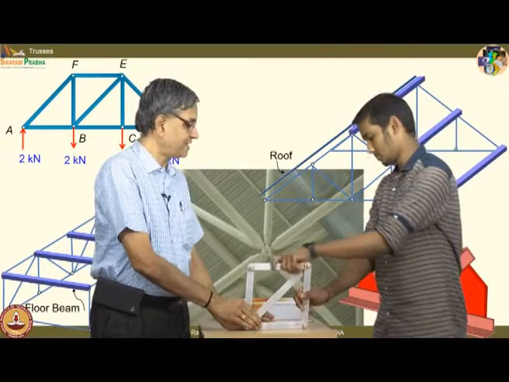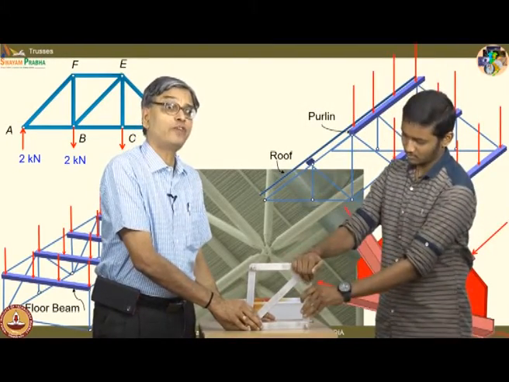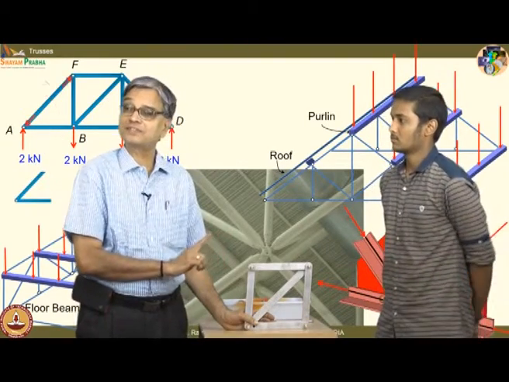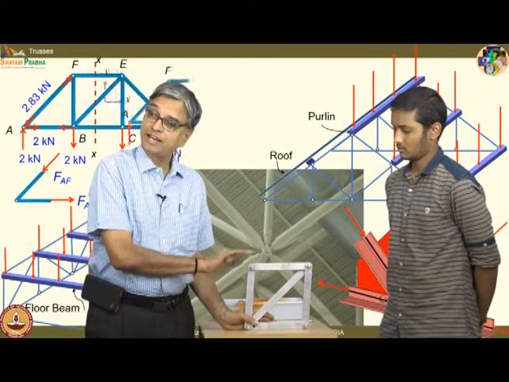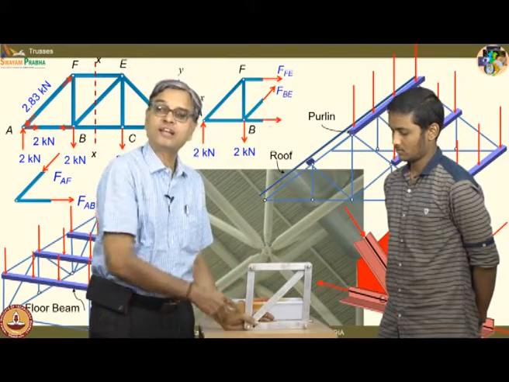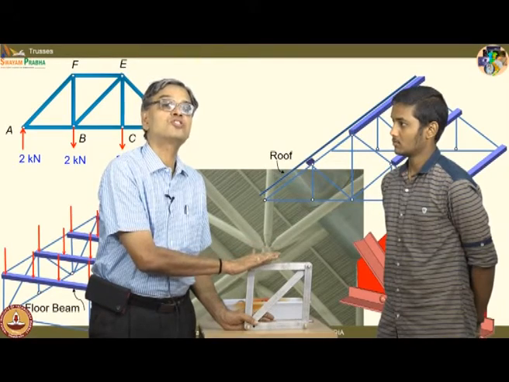Press it hard. Does anything happen to this? It's very, very strong. Just one diagonal member makes all the difference. Mind you that this is again a pin joint. It allows rotation, but a collection of pin joints in an orderly fashion like this makes the structure extremely strong.